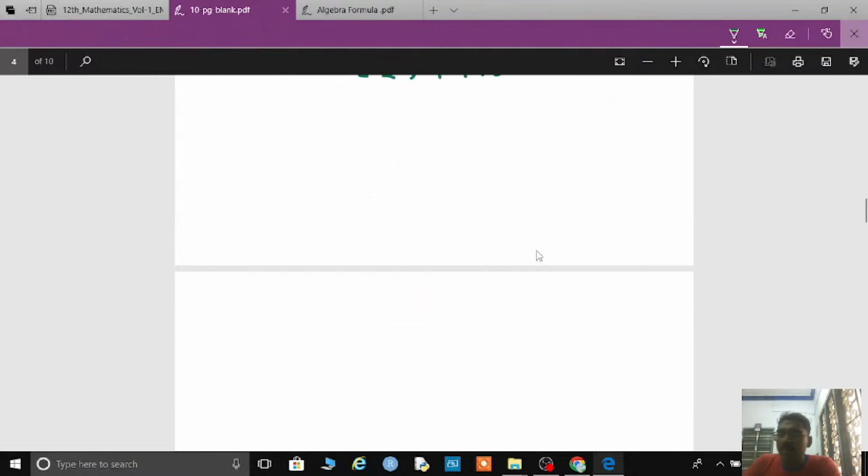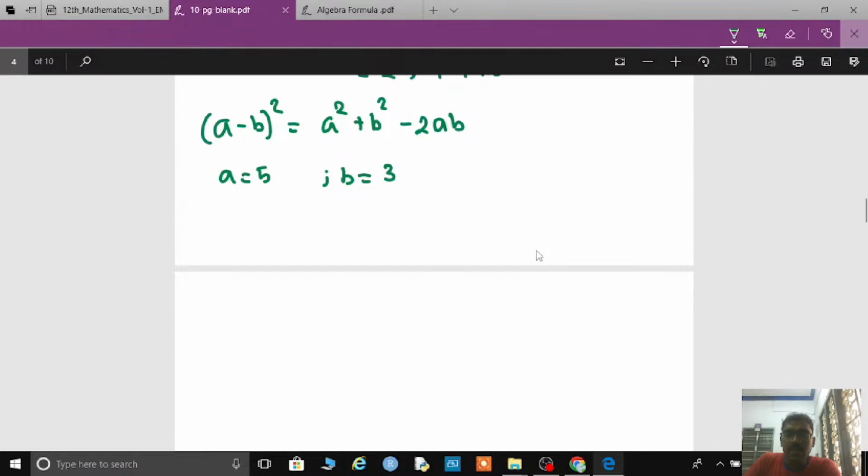So let's consider the formula (a minus b) the whole square, equal to a square plus b square minus 2ab. Here we can replace a equal to 5 and b equal to 3. We can use the easy as well as the manual calculations too.